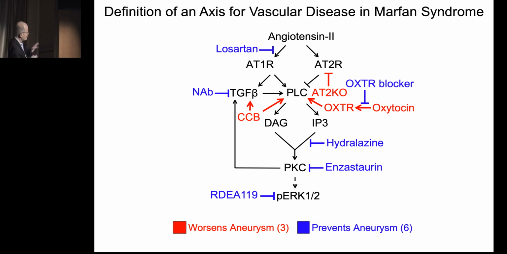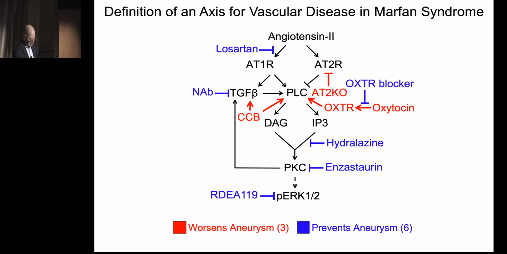We poked and prodded this axis in every way that we can imagine. Oxytocin, prominently through the oxytocin receptor, works at the level of PLC activation. You know, we made 3 provocations that were predicted to worsen aneurysm that indeed had that effect, and 6 provocations that were predicted to prevent aneurysm, and indeed we saw the expected beneficial effects.